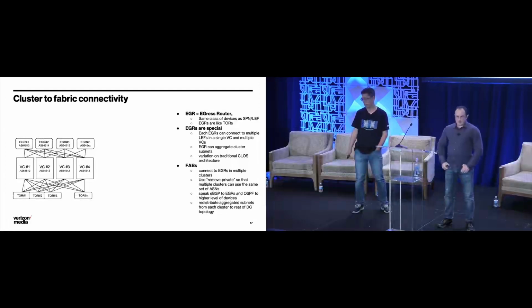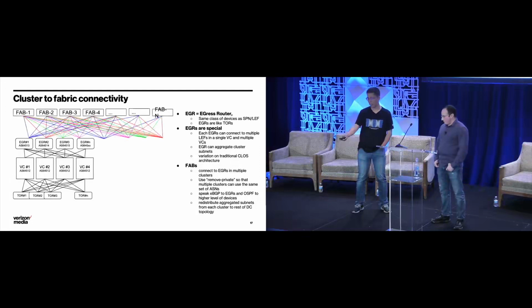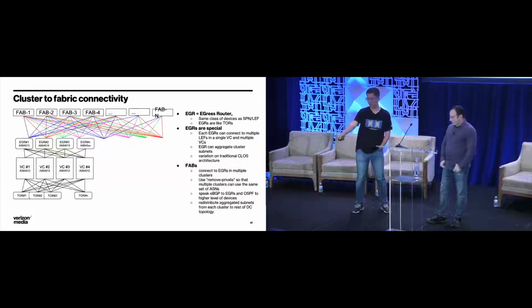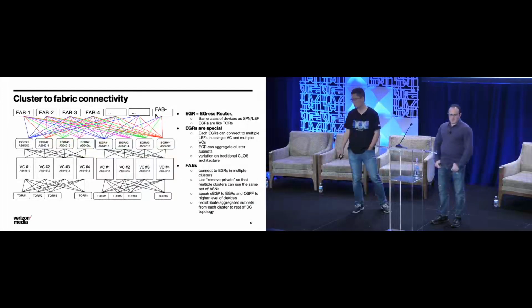That's very important, because it's not just one cluster we are looking at here, we are also looking at multiple clusters. So being able to hide the details of each cluster is very important to the entire data center. So here we introduced a fab layer, as you see from before, to interconnect these EGRs with other EGRs in the other clusters. Here we just depicted two of them, but we can connect multiple ones.